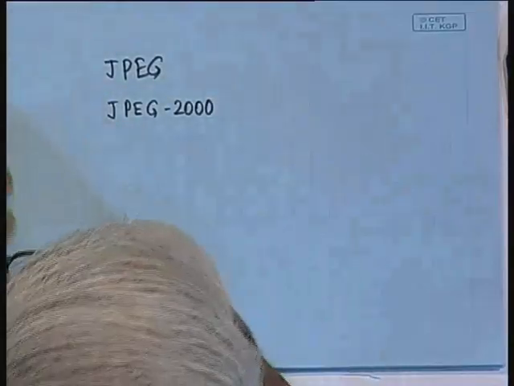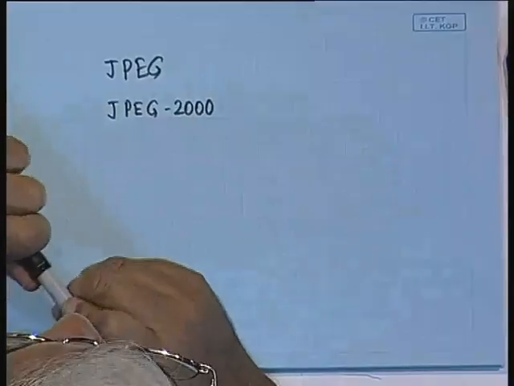As the name implies, the work for JPEG 2000 began with an objective that it should be completed by the year 2000, to formulate the next generation standard for still image compression. There was some delay, so I think by the end of 2000 or beginning of 2001, the standard was proposed.